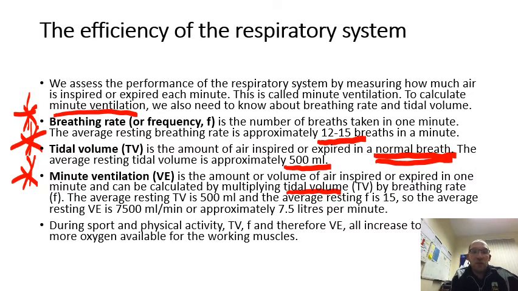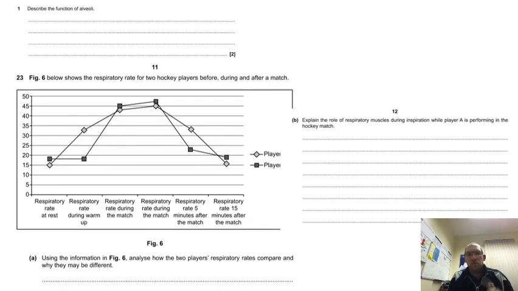So the average resting VE is 7500 millilitres, or approximately 7.5 litres per minute. Okay, during sport and physical activity, breathing rate, tidal volume and therefore VE all increase. That's the key. If anyone says anything about the respiratory system, all of these increase while doing exercise because we need more oxygen.